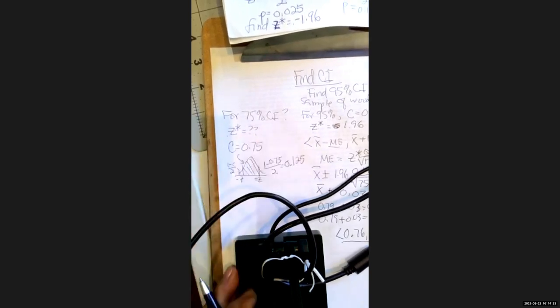0.125. Right, now we're going to go to the standard normal distribution, and you're going to look on the minus side.